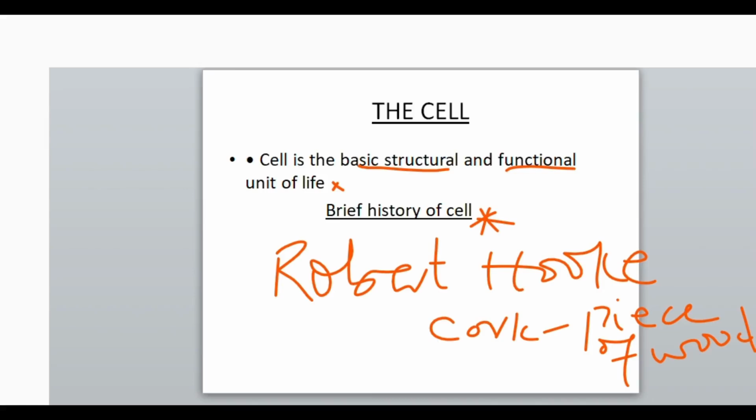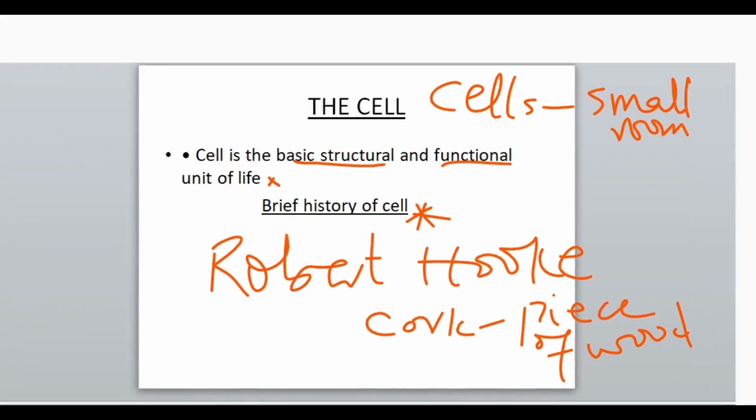And in 1665, he published drawings of these boxes and called the boxes cells. Cells means small rooms in Latin. So cell or cells means small rooms or boxes.